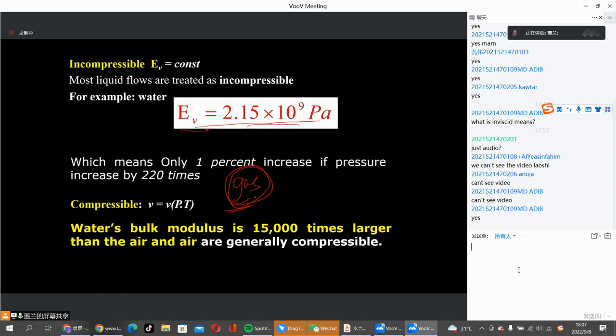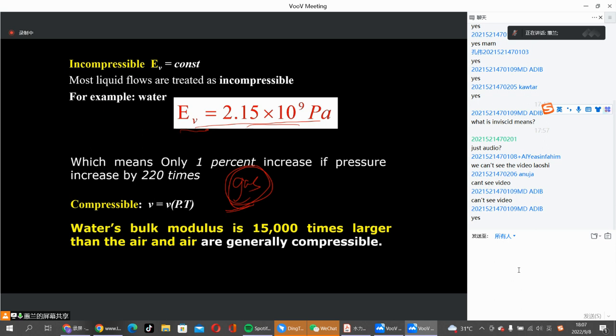So gas can generally be regarded as compressible. For liquid, we consider it incompressible. But in hydraulics, when we talk about incompressible or compressible, we mean when the fluid moves, whether the fluid element changes or not. So here you need to tell the difference.